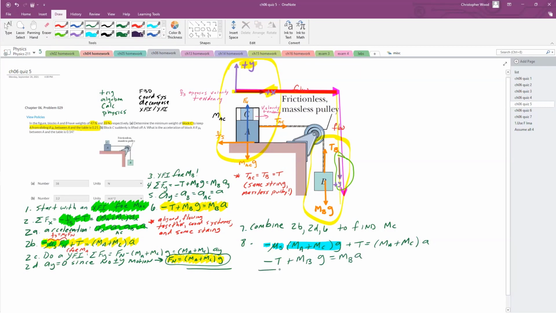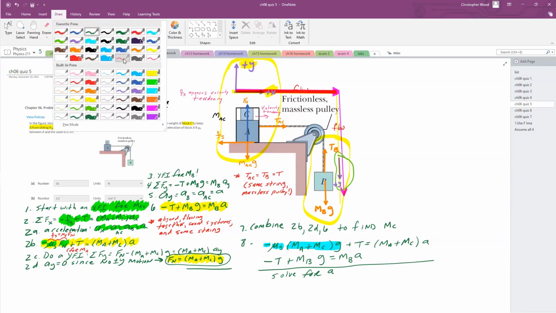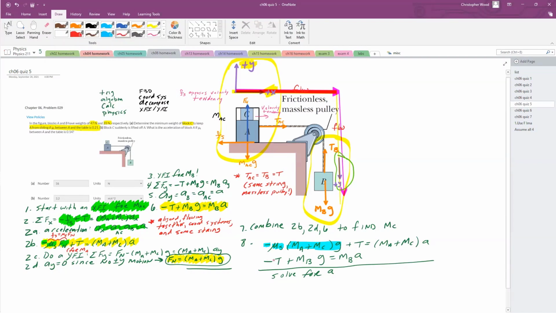I am now going to take these two equations and solve for A. Let's get a numerical value for acceleration, because, the way I do it, you don't have to do it this way, I'm just going to do equation addition.